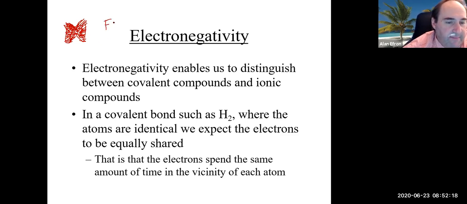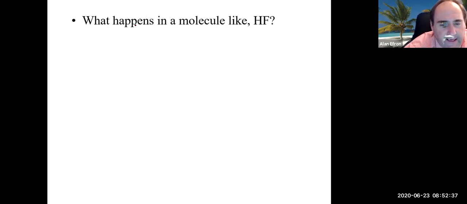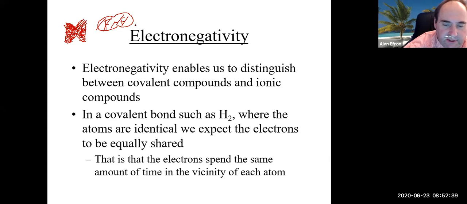Same thing is going to happen with our fluorine. Again, I'll draw it maybe like this, a little easier to see: equal sharing of those electrons between the two fluorines. And when we get that kind of equal sharing of electrons, that is what is referred to as a nonpolar bond.